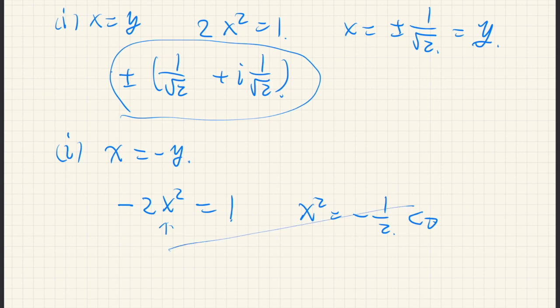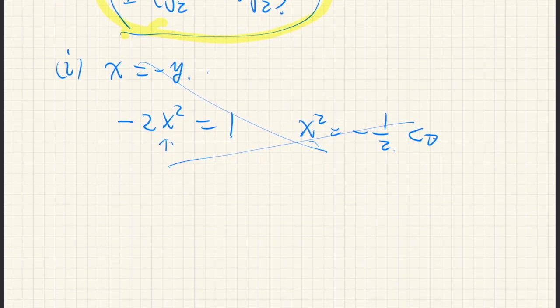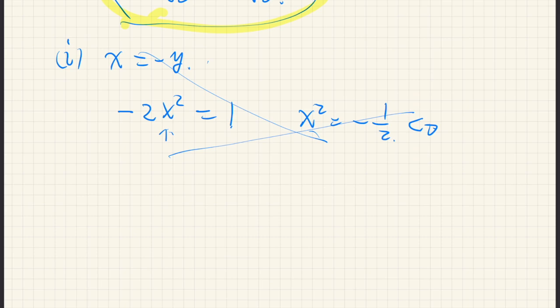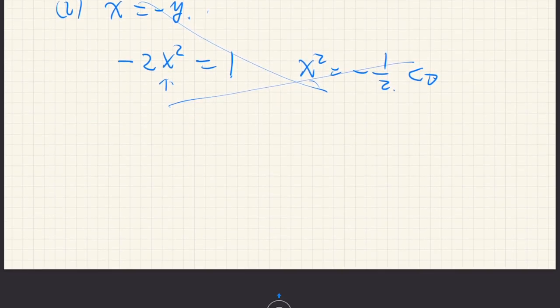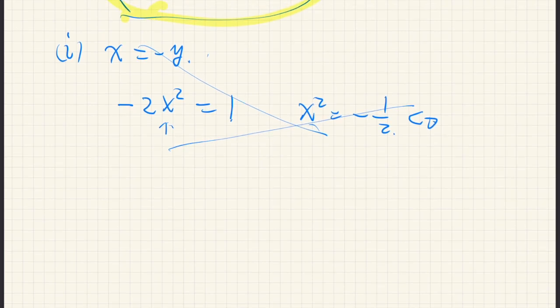So this choice is eliminated. So the only possibility is this one, and we are done. Okay, so now that we know how to find the square root of any complex number, we can solve the quadratic equation for any coefficients.